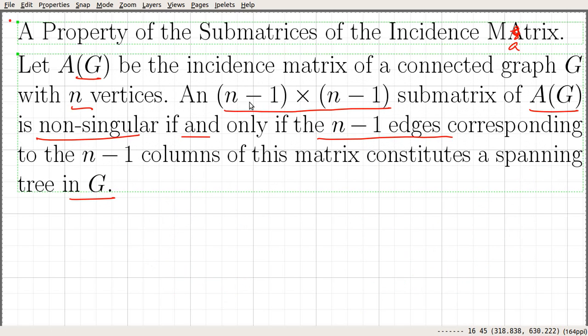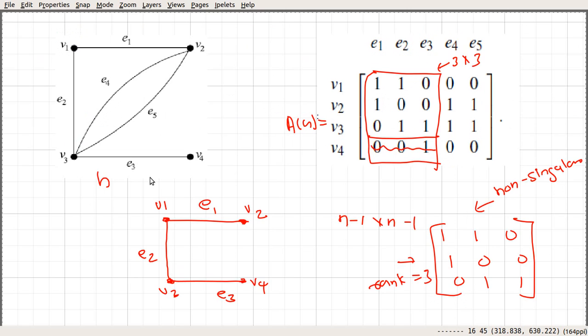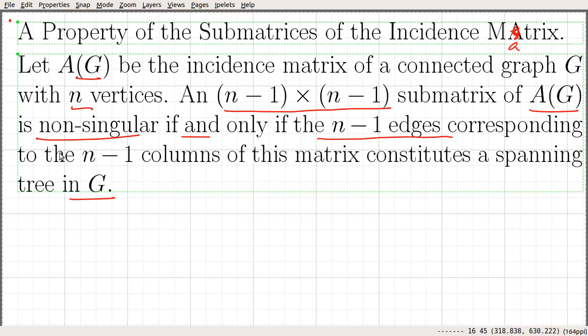An n minus 1 by n minus 1 submatrix of the incidence matrix of G is non-singular if and only if the n minus 1 edges corresponding to the n minus 1 columns of this matrix constitute a spanning tree. That's what we saw from this example and the earlier one, and let's go and prove this statement.